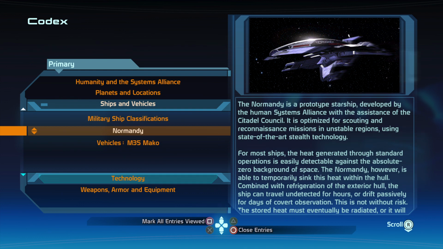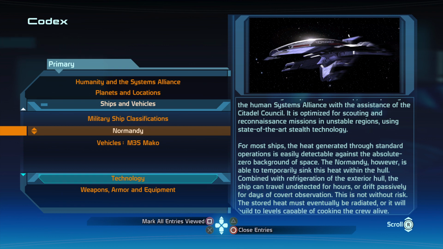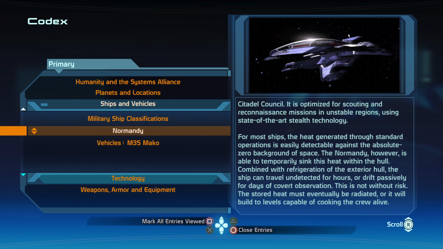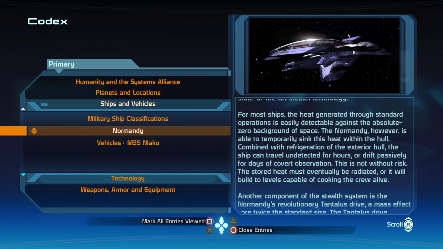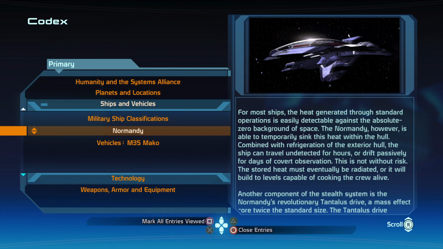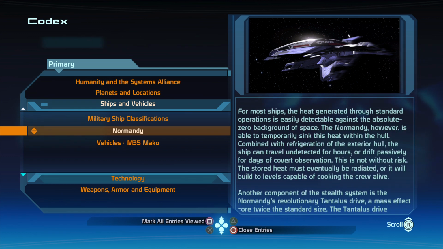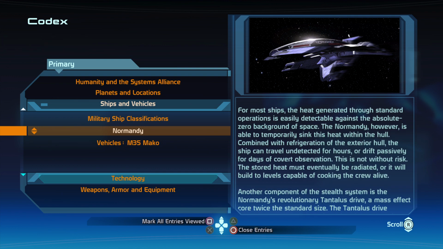The Normandy is a prototype starship developed by the Human Systems Alliance with the assistance of the Citadel Council. It is optimized for scouting and reconnaissance missions in unstable regions using state-of-the-art stealth technology. For most ships, the heat generated through standard operations is easily detectable against the absolute zero background of space.